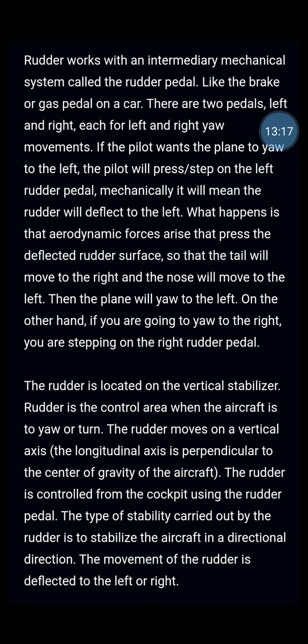The rudder is controlled from the cockpit using the rudder pedal. The type of stability carried out by the rudder is to stabilize the aircraft in a directional direction. The movement of the rudder is deflected to the left or right.